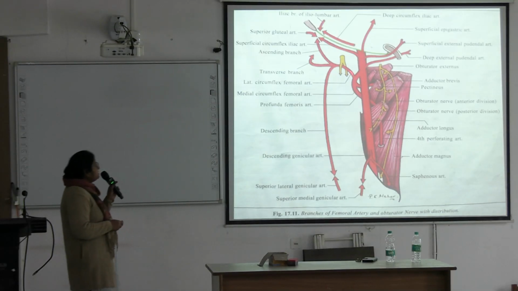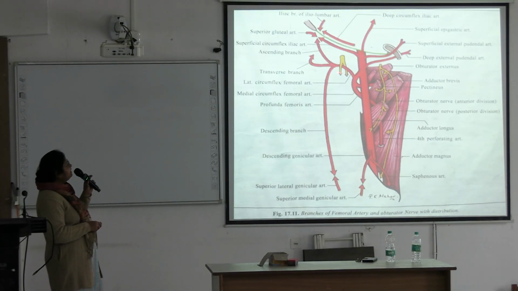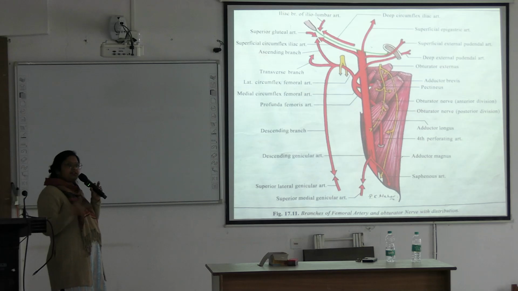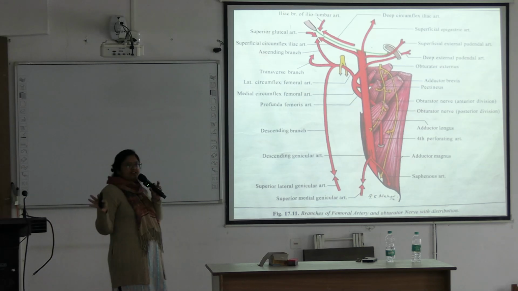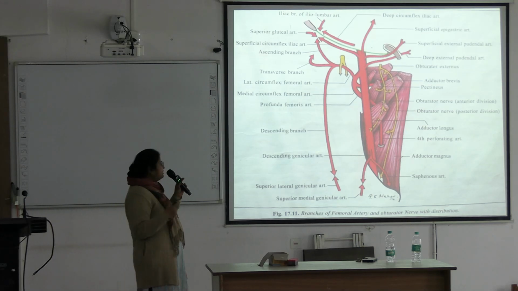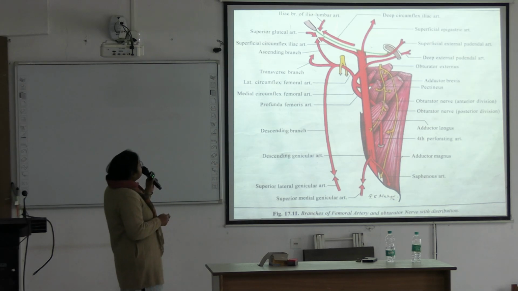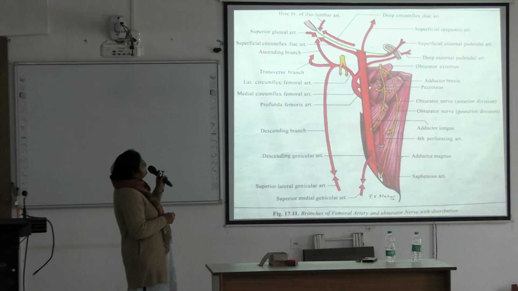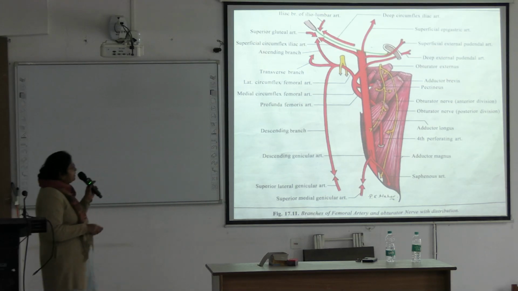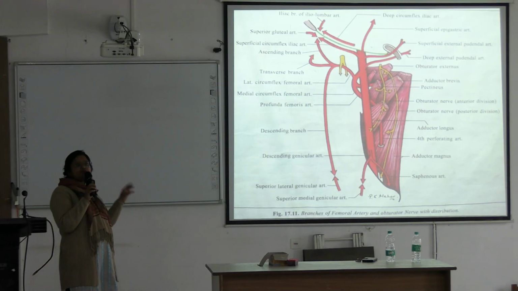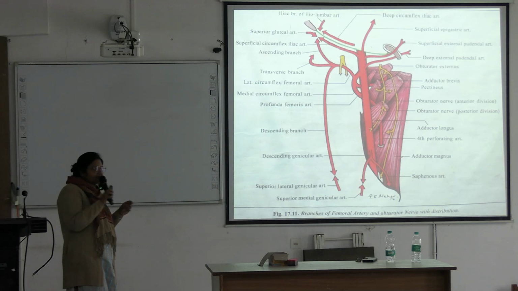And you can see this lateral circumflex femoral artery again dividing into three branches: ascending, transverse, and descending. And this medial circumflex is also dividing into ascending and transverse branches. Okay, and these branches are taking part in the formation of anastomosis. See here, trochanteric anastomosis is forming, and in another place cruciate anastomosis is forming.